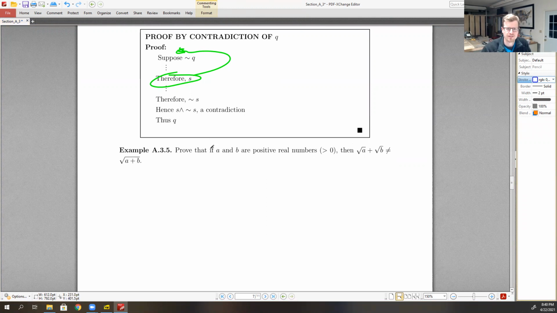So if we were to think of this as: for A and B positive real numbers, square root of A plus square root of B is not equal to square root of A plus B. So we simply have this statement here, which is our Q. So we can look at this as not being an implication. We can look at this as just being some statement Q, and that's it.